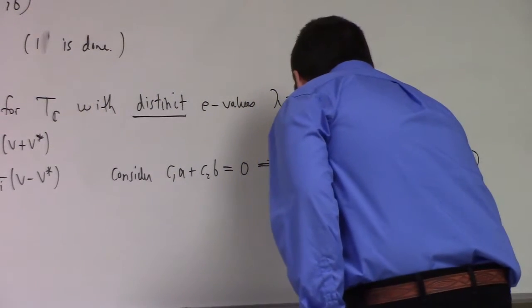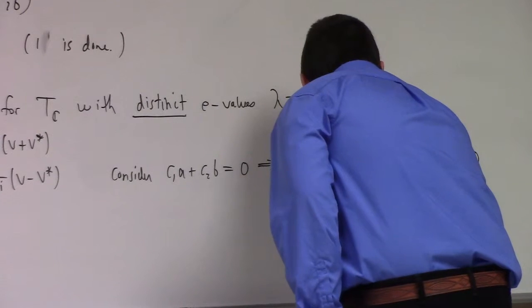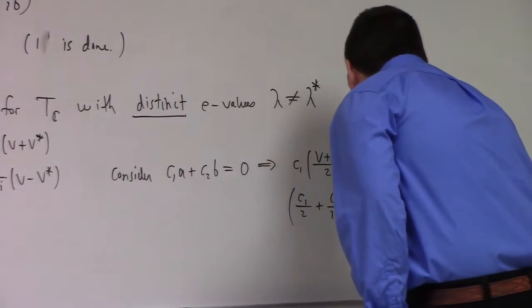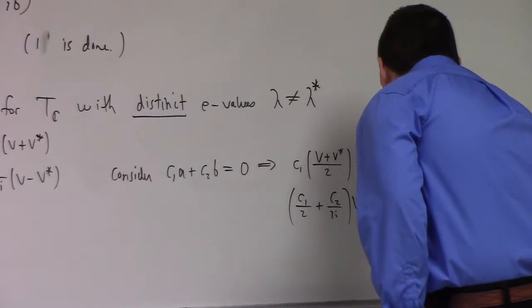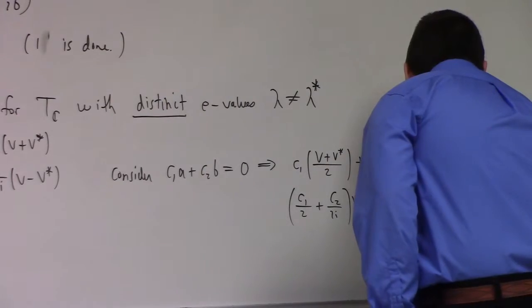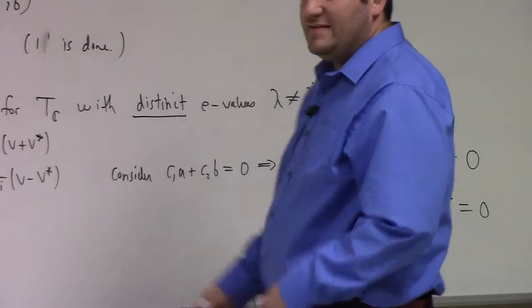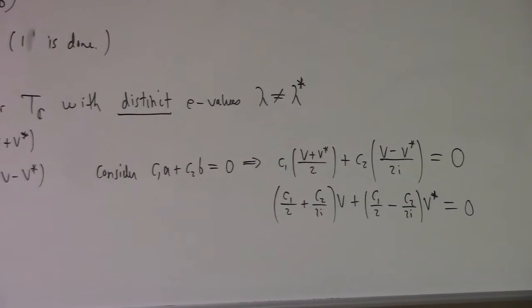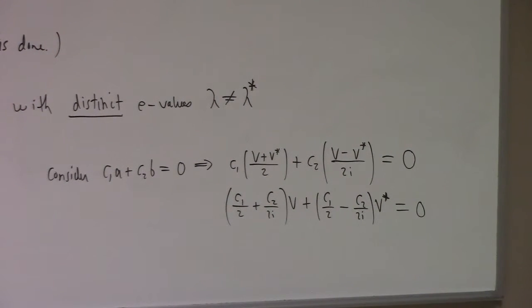This is (c1/2 plus c2/2i) v plus (c1/2 minus c2/2i) v star equals 0. But by linear independence of v and v star, I get that the coefficients are 0, right?